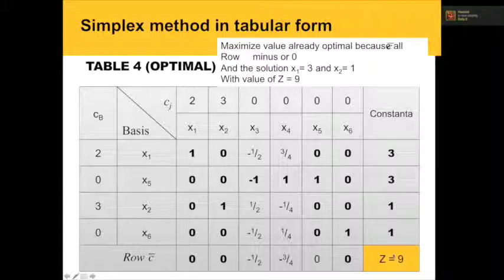And now the z value will become 9, and the maximum value is already optimal because all of the row is minus or 0, and the solution is x1 is 3 and x2 is 1 with the value of z being 9.